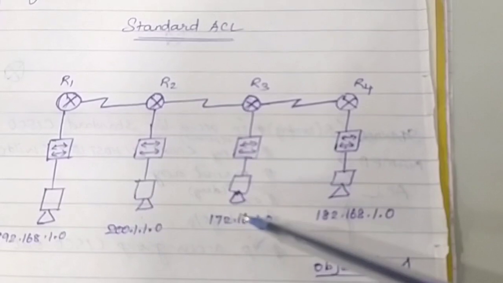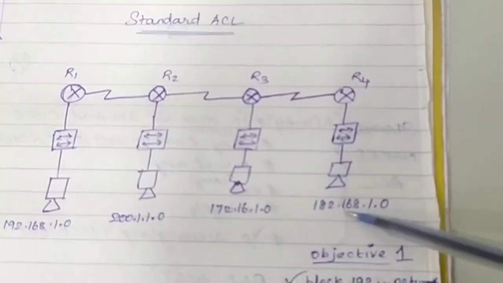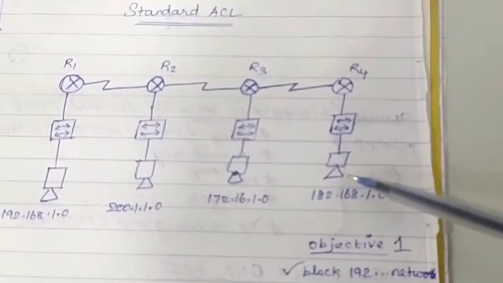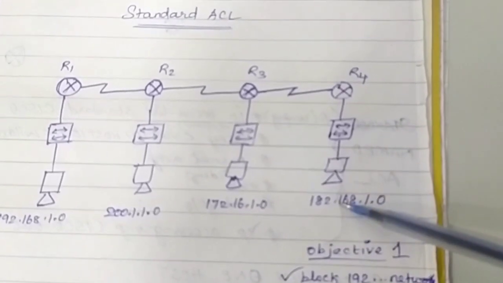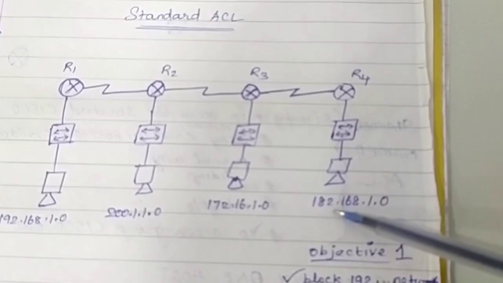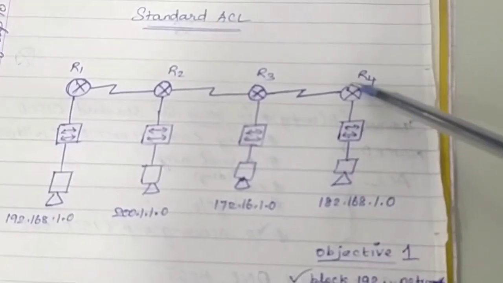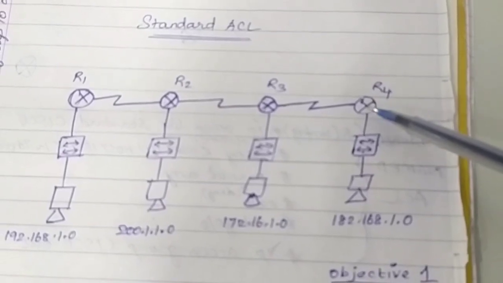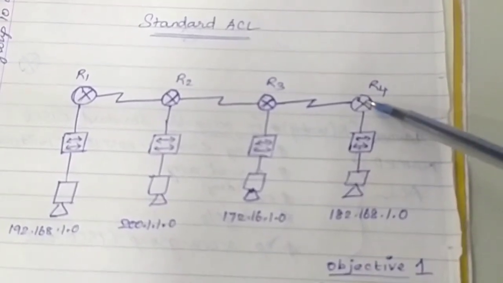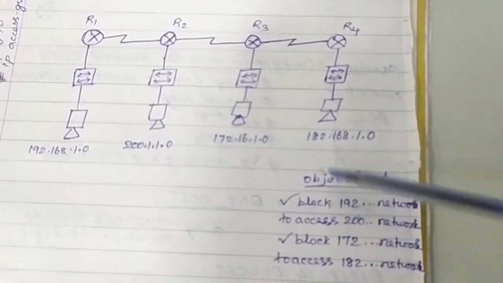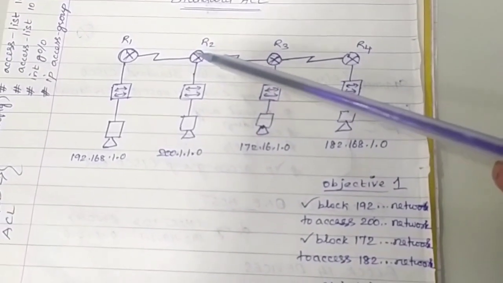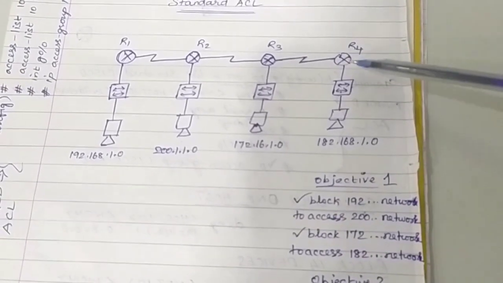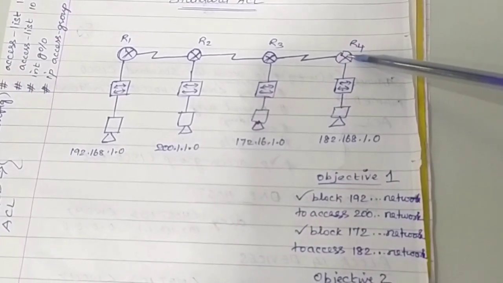For the second case, we need to block this one from accessing this, so this is the destination. This network is connected directly with the R4 router, so we configure standard ACL on R4. For the first case, R2; for the second case, R4.